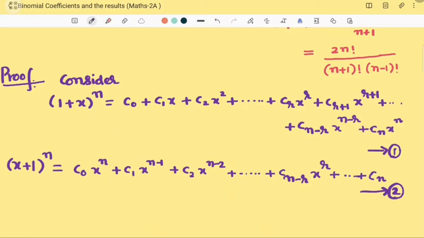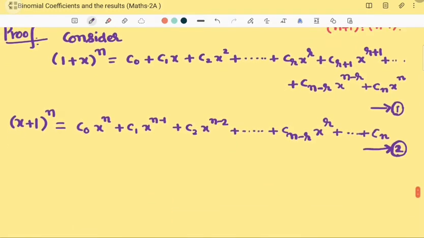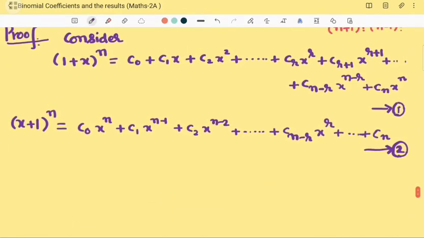After that, we have to do the multiplication of these two equations, equation 1 into equation 2.